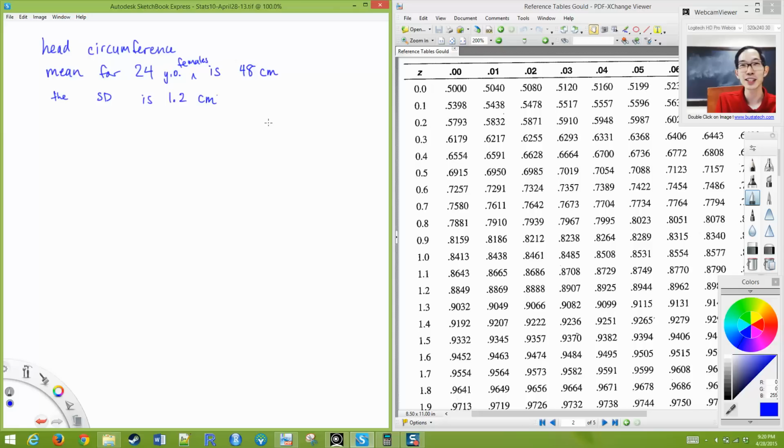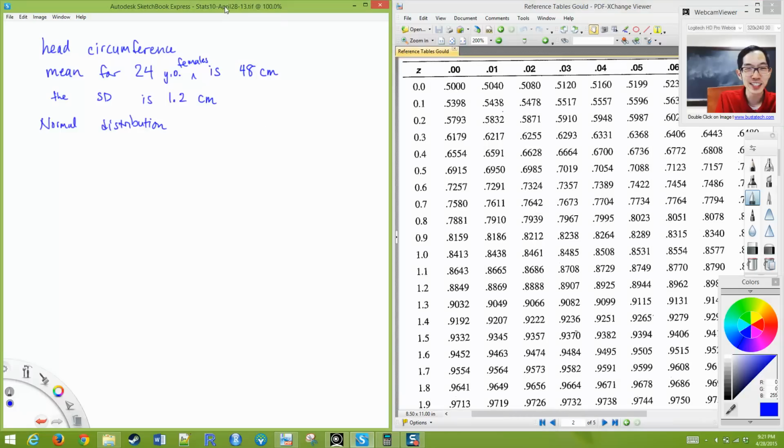I'm going to ask what percentage of, so some 24-year-old girl, okay, what percentage of 24-year-old females have bigger heads? Okay, bigger heads meaning larger head circumferences, okay? We'll be specific, okay? Have larger head circumferences.